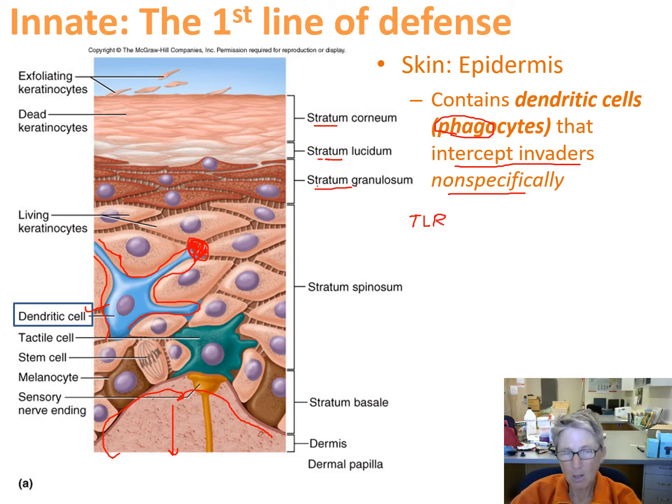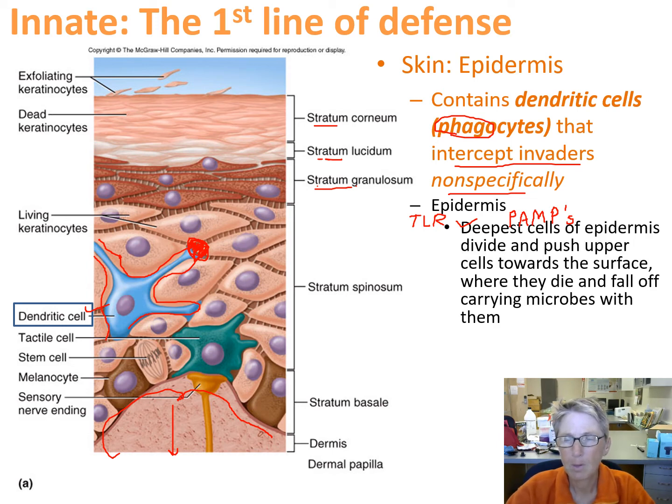Now here's where you need to start thinking about what's my cell's name, what's my receptor's name. The name of the cell is the dendritic cell. It has this thing called a toll-like receptor, and the toll-like receptor recognizes PAMPs on the bacterial cell. PAMPs stands for pathogen-associated molecular patterns. This is a general pattern of proteins sticking out of the bacterial cell that the dendritic cell can recognize with its toll-like receptor.